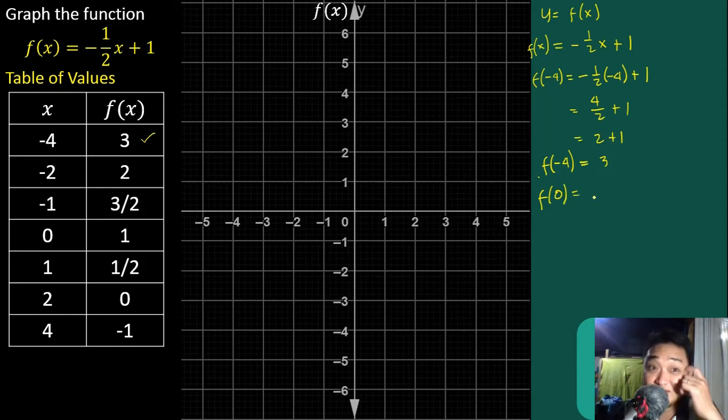Automatic, alam na agad natin yung result. Kahit takpan natin yung table of values, tingnan lang natin yung equation, maglalagay ka dito ng 0, i-multiply mo sa 1 half, 0 pa rin. So, matitira, 1. Kaya, f of 0 is equivalent to 1. Ito yung pinaka-x natin, ito yung pinaka-y natin. Parang ganun po. Okay?